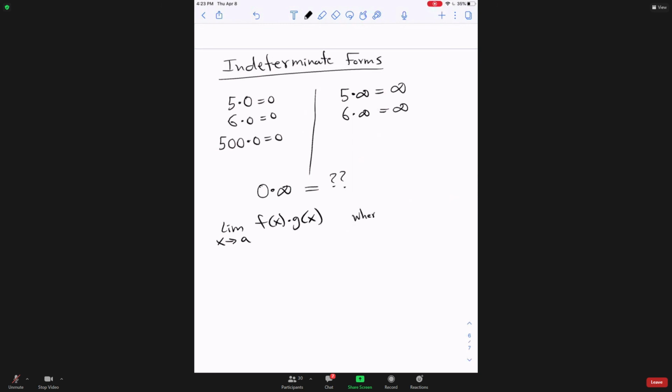So without loss of generality, let's call f of x the one that's going towards 0, and g of x the one that's going towards infinity or negative infinity, it doesn't matter. If that's the case, we could write f times g as f divided by 1 over g, or g divided by 1 over f.